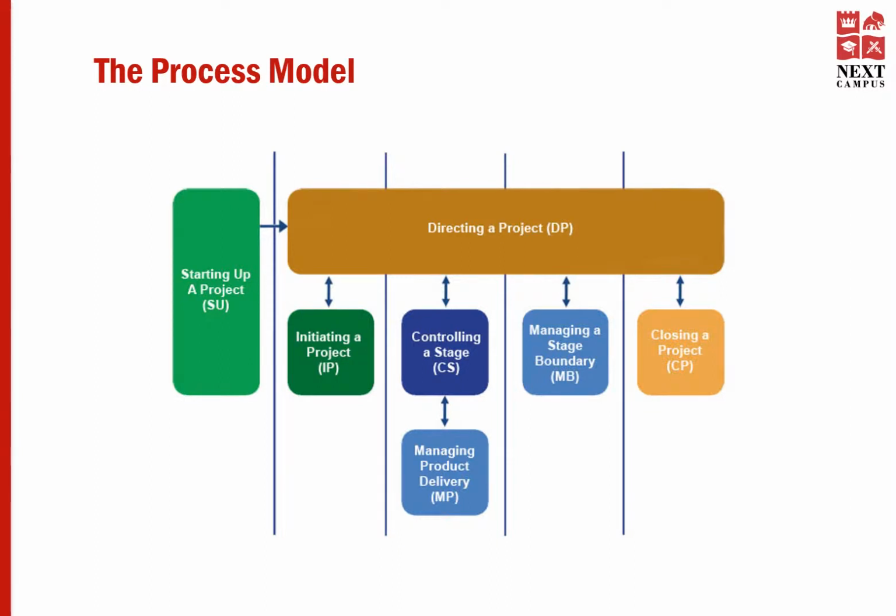The last stage is called closing a project, which is also known as CP. That is the stage where you close down the project, after delivering the agreed requirements to the stakeholders and your clients. While you're working on all these stages, there's an additional process that happens, called directing a project.